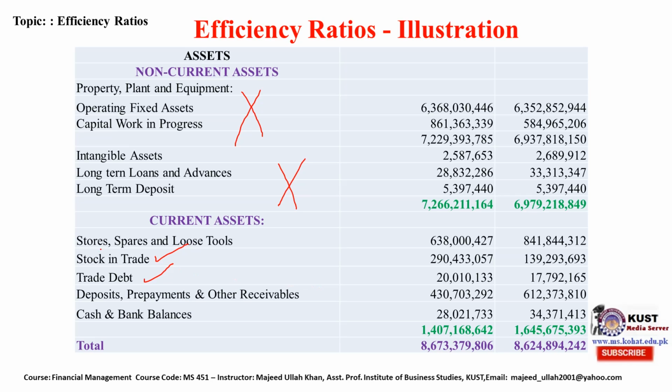We will use these two current assets for efficiency ratios. And we will use total current assets for the overall asset turnover ratio, adding the two years and dividing by 2 to get the average.